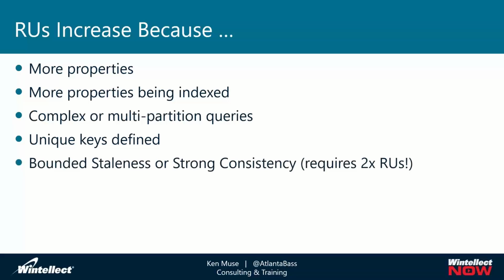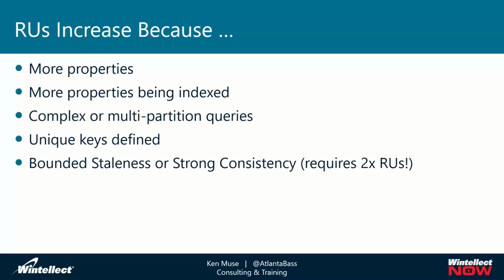And finally, if you want to use the bounded staleness or strong consistency model, which I will talk about consistency models in a minute, that requires twice as many RUs for every operation. There's a lot of trade-offs in Cosmos, and it gives us the power to choose where we want to make those trade-offs so that we can maximize that cost performance benefit between the different parts of the system.